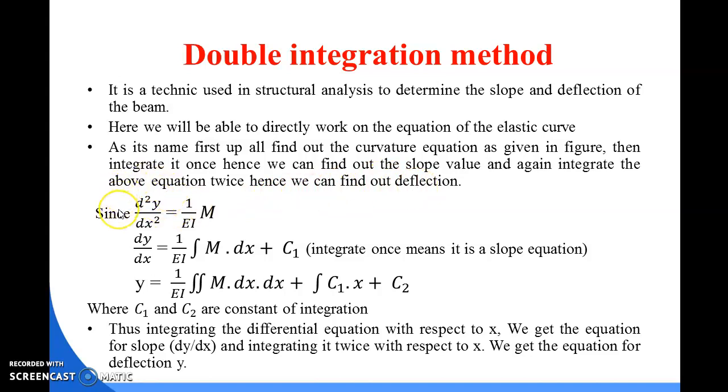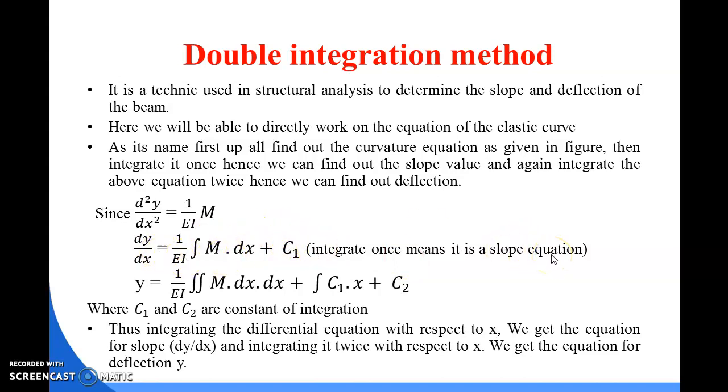As you know, the curvature equation is denoted as d square y by dx square is equal to 1 by EI into M. Here M represents the bending moment value. According to this method, we integrate this equation once. That means dy by dx is equal to 1 by EI integral of M dx plus C1. For the integration we need a constant. Integrating once gives the equation of the slope.